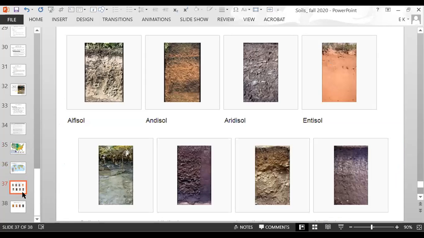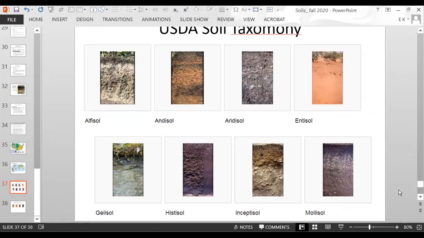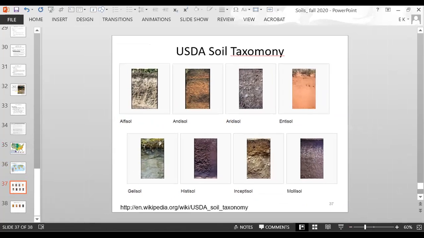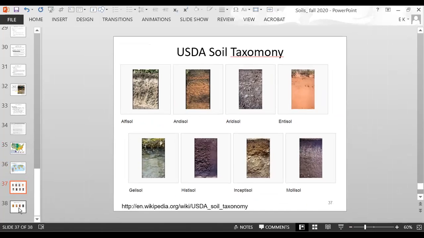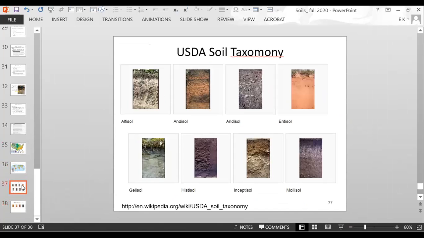And these are some photos that show you what those soils may look like. There we go. Now you can see it. And then this is the rest of them. So you see some of them are dark, some of them are reddish orange. Some of them are a little bit more white.